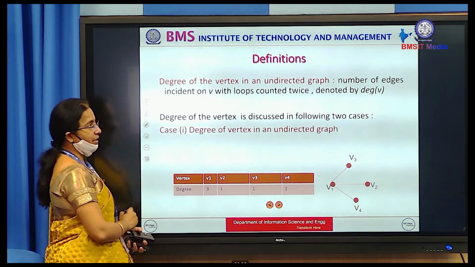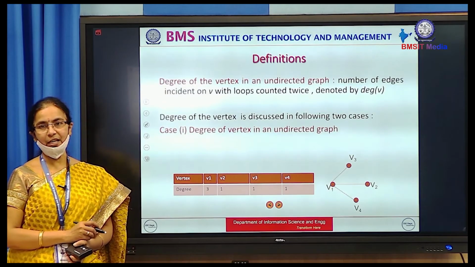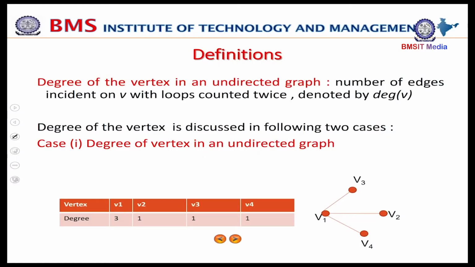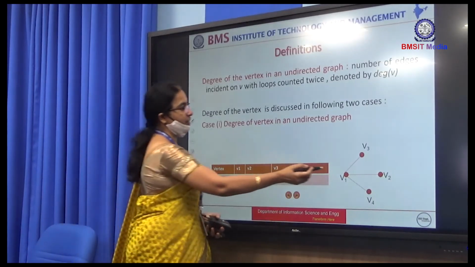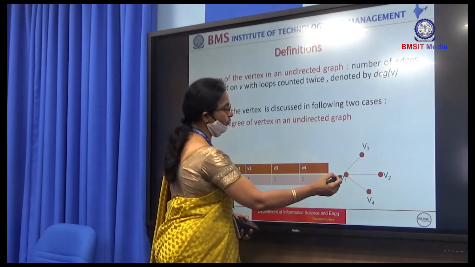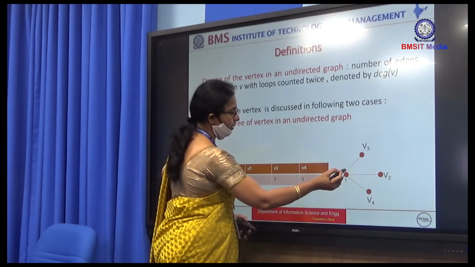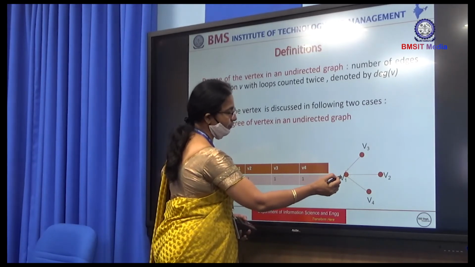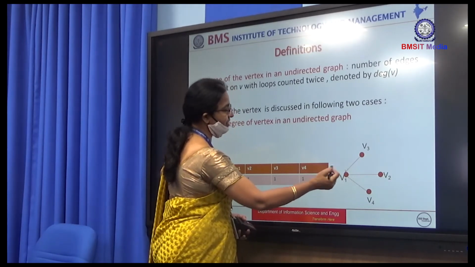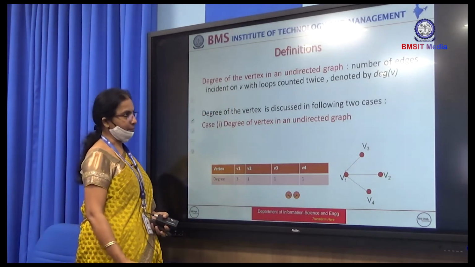The degree of a vertex in an undirected graph is the number of edges incident on V, with loops counted twice, denoted by degree of V. Here I have considered a graph, and I need to find the degree of V. Since I have taken an undirected graph, the edges incident at V1 are 1, 2, 3, so 3 edges are incident at V1. So the degree of V1 is equal to 3.